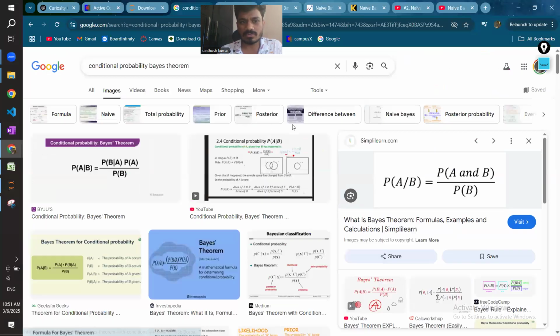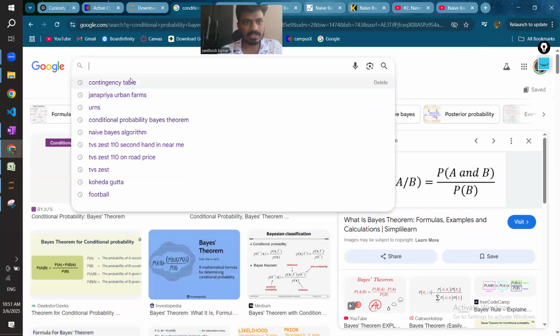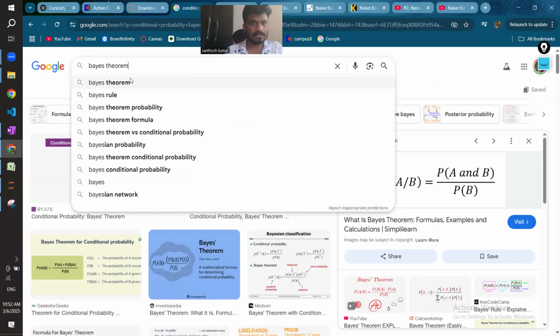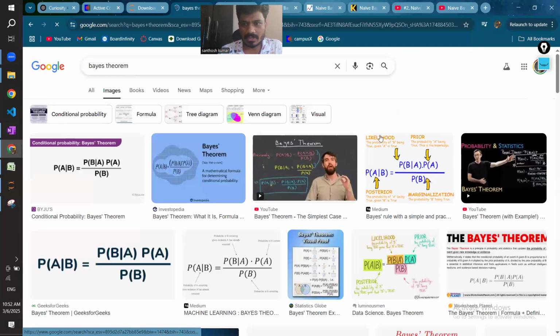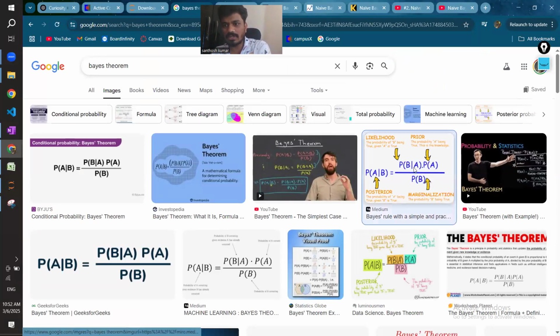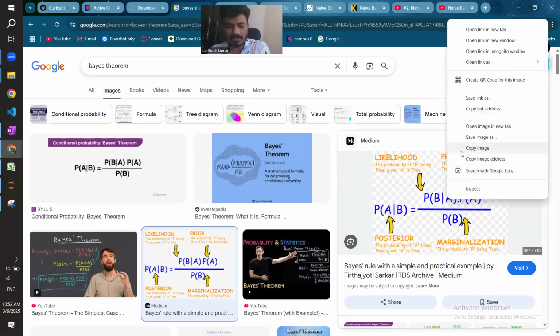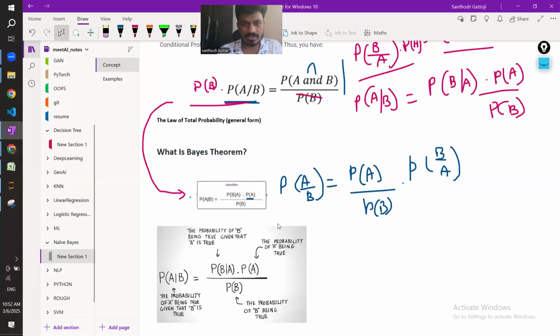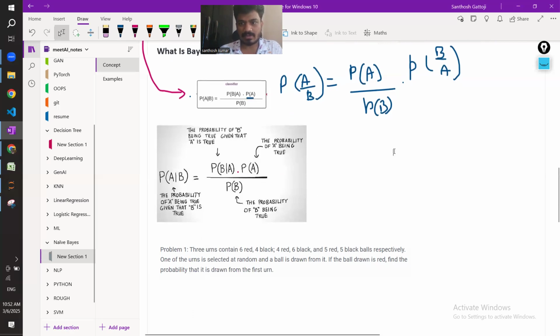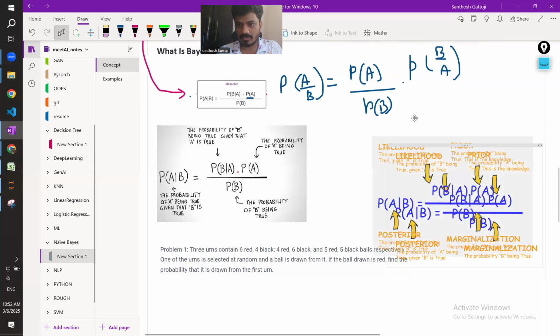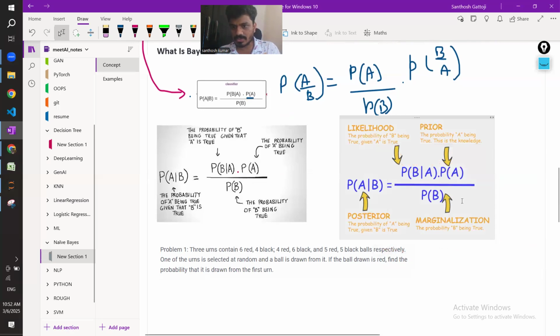This is the Bayes theorem, but usually people use some other names also. For example, in Bayes theorem they call this the posterior probability. Just the naive-Bayes terminology.